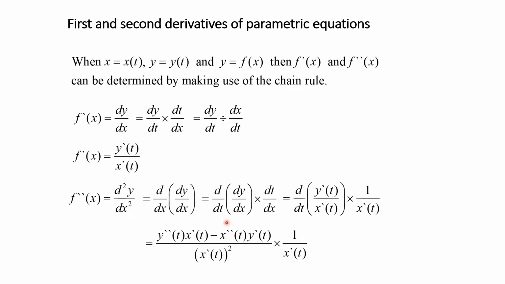So this is the formula for you to get the second derivative, which is y double prime multiplied by x prime, minus x double prime multiplied by y prime, over the differentiation of x cubed. You can combine the square and x prime, and it will become x prime cubed.